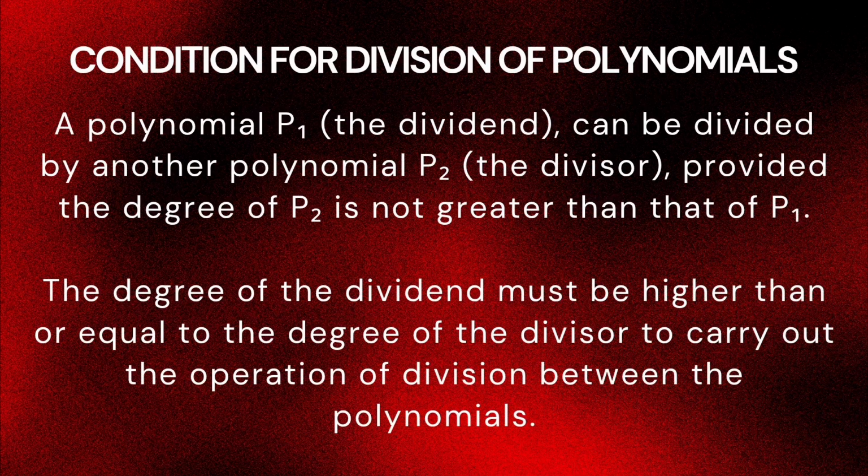So, in order for a polynomial to be divisible by another, that polynomial must be of a higher or equal degree than the divisor for the division to take place. So that's the condition of division.